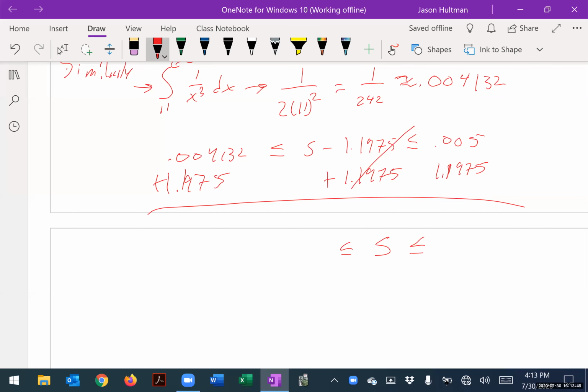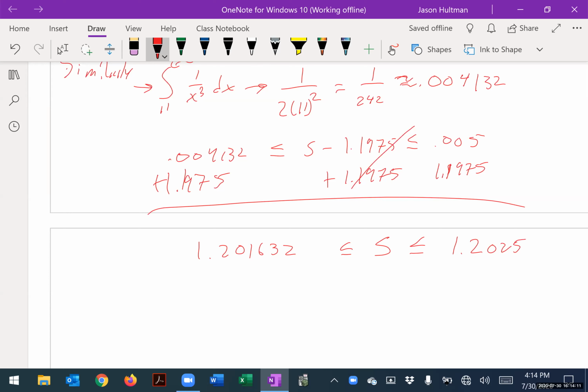That's 1.201632 and 1.1975 plus 0.005, which is 1.2025.